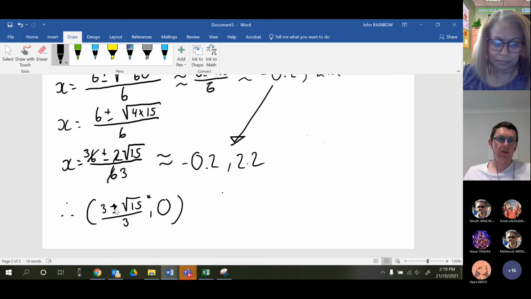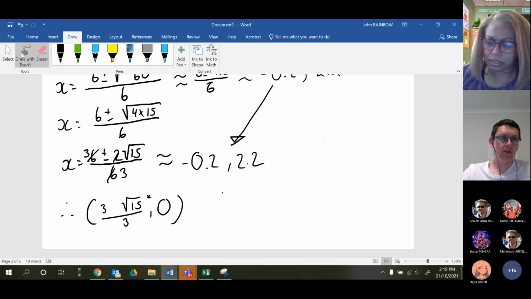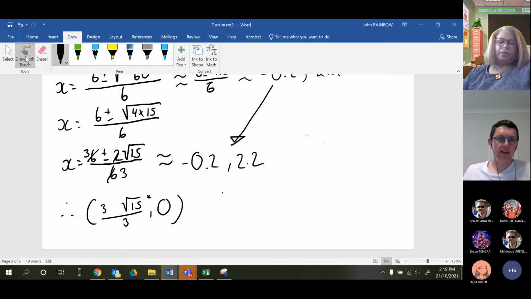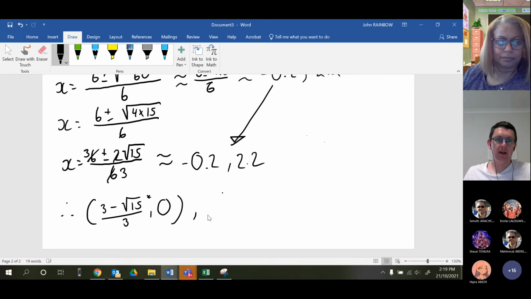Oops, minus. It should be minus because that would be the first section. And that's actually a lot easier to solve. I should have simplified it from here, but I didn't do that right. And it is also 3 plus root 15 on 2.